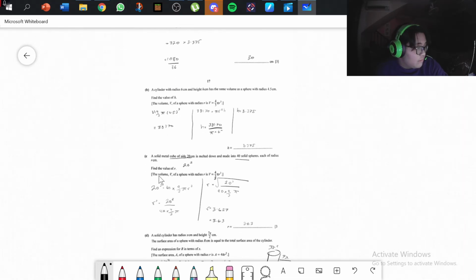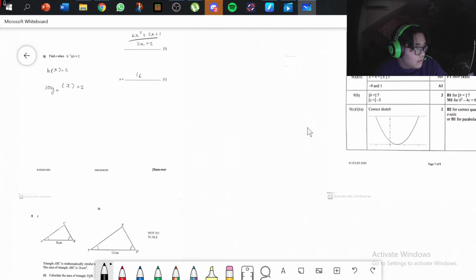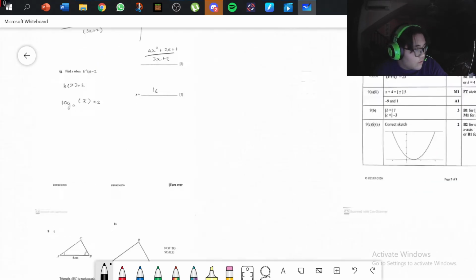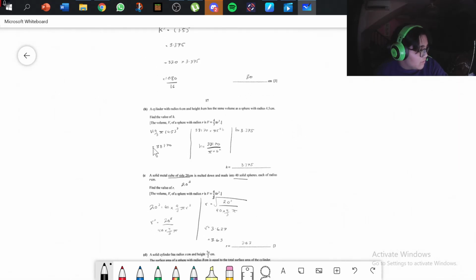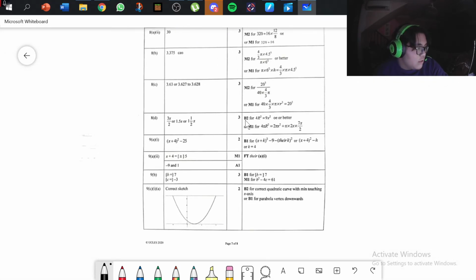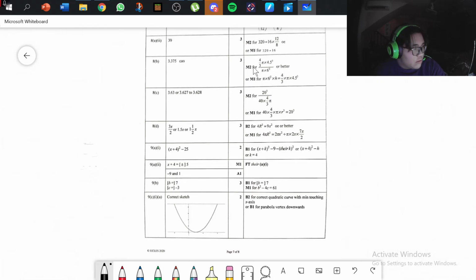Then 8b and 8c. 8b is 3.375. Even though our working is different, it results in the same answer, so we get the same 3 marks here.